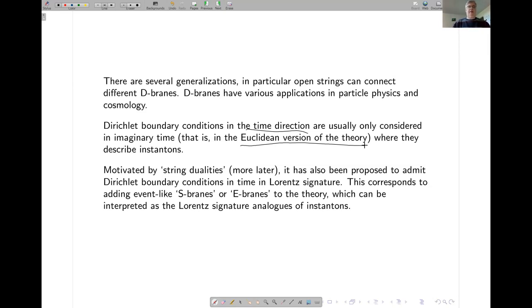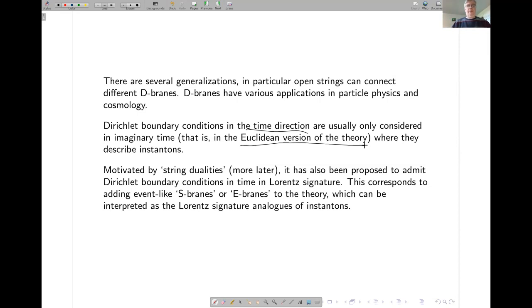Therefore, one way in which Dirichlet boundary conditions in time are used in string theory is in the context of this Euclidean formulation of the theory, where time then is on the same footing anyway as any of the spatial directions, and there then are so-called D-instantons.